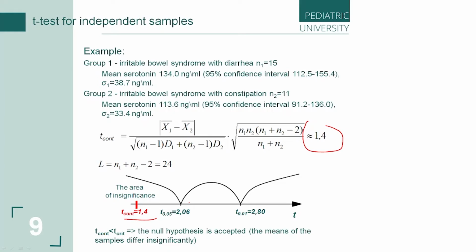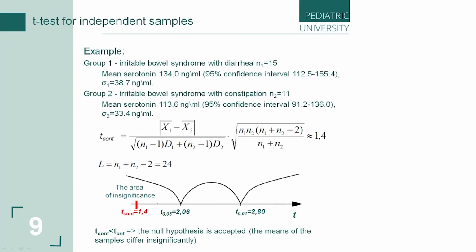And what does it mean? It means that it lies in the region of insignificance. Thus, since the differences are insignificant, we accept the null hypothesis and can say that with a 95% confidence level, the sample means differ insignificantly, as we first hypothesized from the overlap of the confidence intervals.